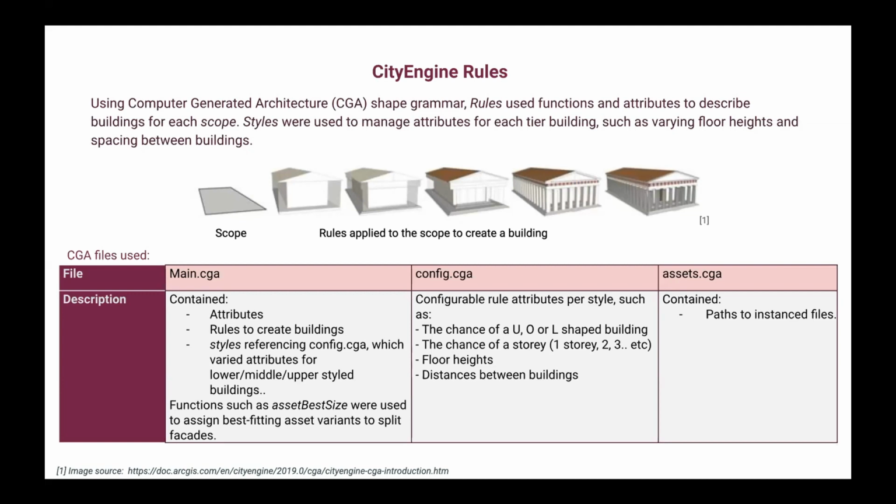So where a building was a lower style, it might have less windows, and the buildings might be tightly packed together. The assets CGA contained paths to the directory of instance files to choose from, and the main CGA contained, well, it kind of wrangled everything together, was the attributes, rules, and styles.